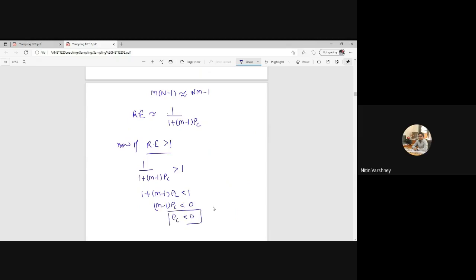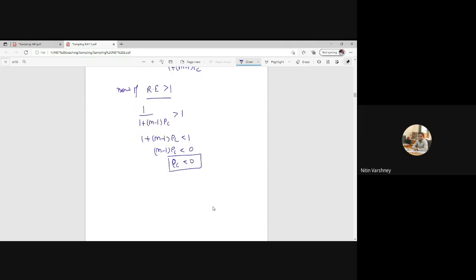What does this mean? What is the meaning of this? The units should be negatively correlated for more efficiency.